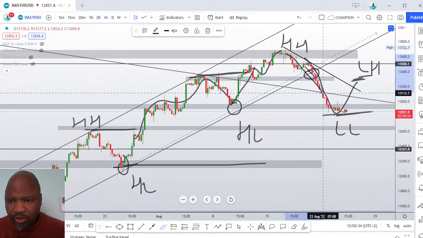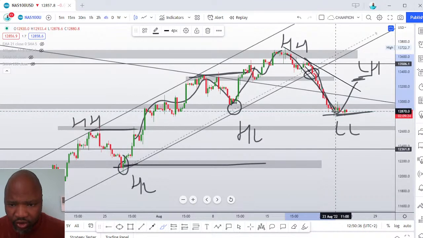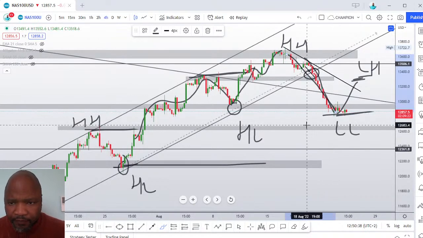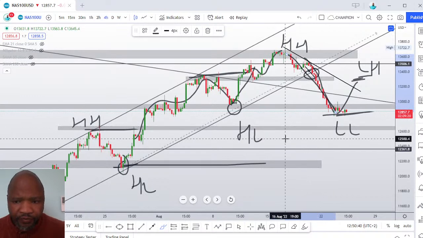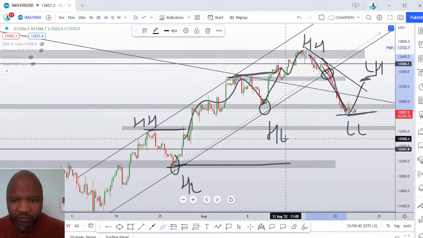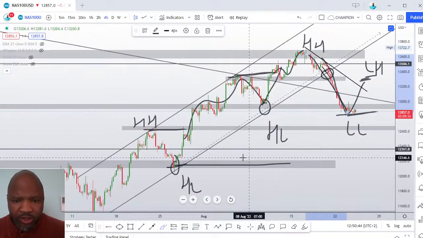This is where the price started to create that change of character. I hope all this makes sense.